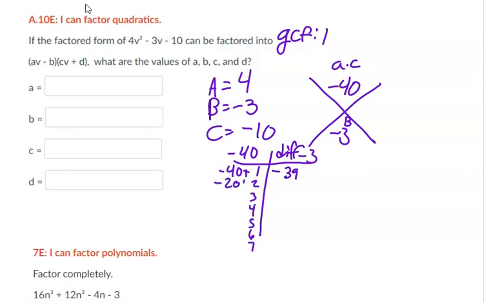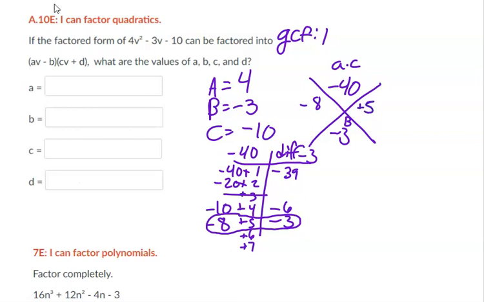Okay, we have negative 20, and let's see, 3 is a decimal, so that doesn't work. We have 10. That's going to be negative 6. So that doesn't work. And then negative 8 plus 5, that's negative 3. So this is what we're looking for. We have negative 8, and we have 5.